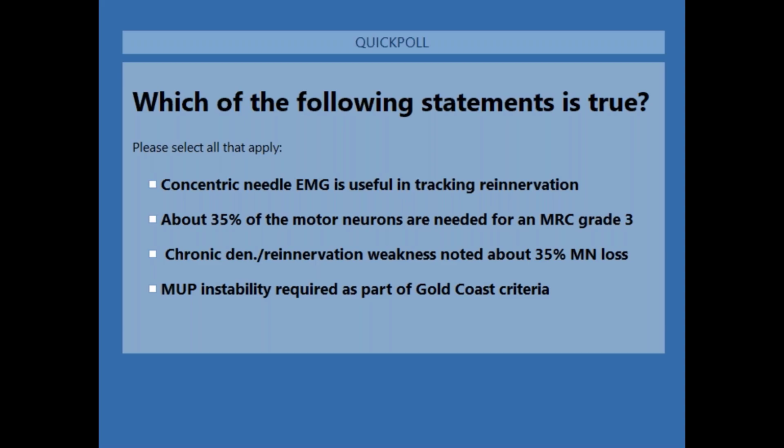Those are sort of implied qualitative statements about the packing of the muscle fibers as the reinnervation occurs, and it's going to be highly dependent on the location of your needle electrode. So I'm going to answer this more as we move along.